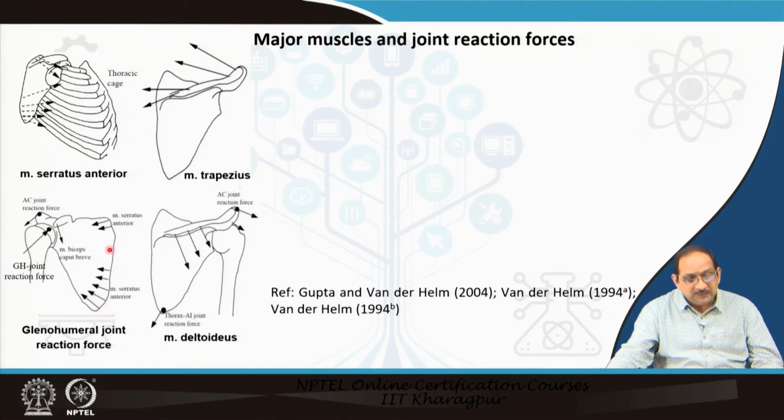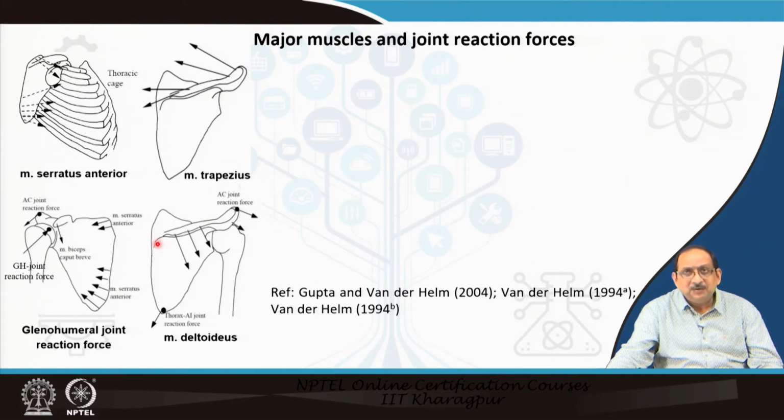On the thorax, it is pressing the scapula on the thorax along with the muscle rhomboideus. The reactive forces of the thorax on the scapula have been shown as two concentrated forces, one at the thorax AI, the other at the thorax trigonum spinae area.